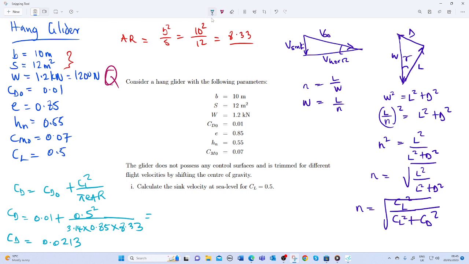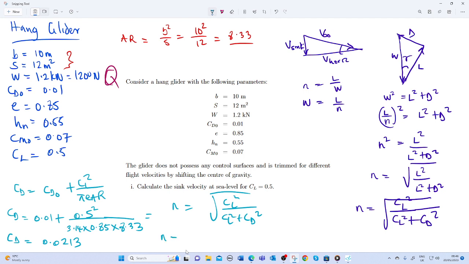Now that we have found the coefficient of drag, the next thing is to calculate the load factor. Don't forget, our load factor becomes the root of CL squared over CL squared plus CD squared.